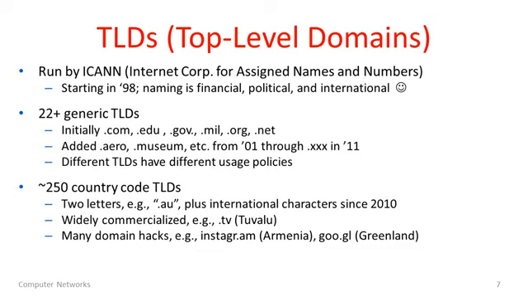Well, so let's talk about the namespace a little more. I'll just tell you about some of the top-level domains. That's sort of where a lot of the action is in terms of some of the interesting news articles you'd read. Now, this tree, the domain namespace, is administered by a body called ICANN, the Internet Corporation for Assigned Names and Numbers. ICANN was formed in about 1998, and it really came into existence as the Internet grew because there was a lot of attention around matters such as naming.